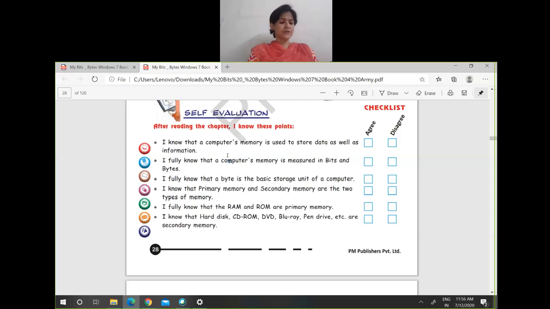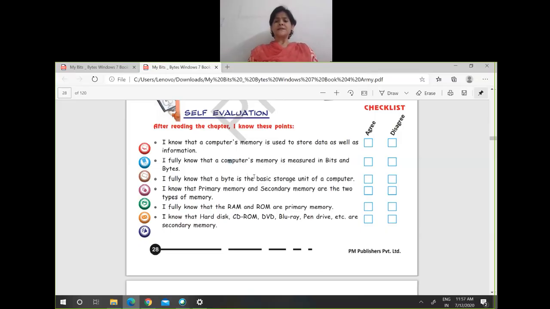So what you see on the screen is a quick recap. I know that a computer's memory is used to store data as well as information. A computer's memory is measured in bits and bytes.